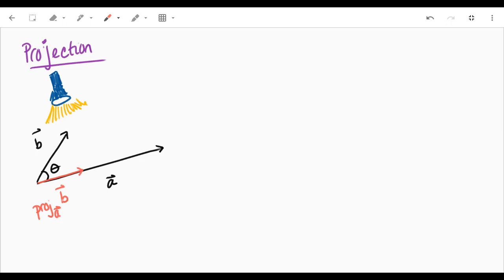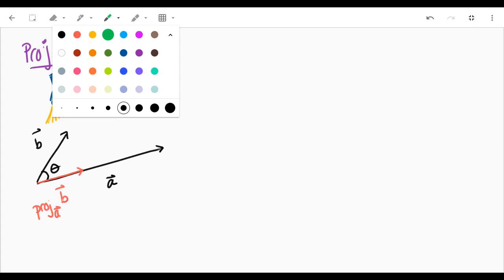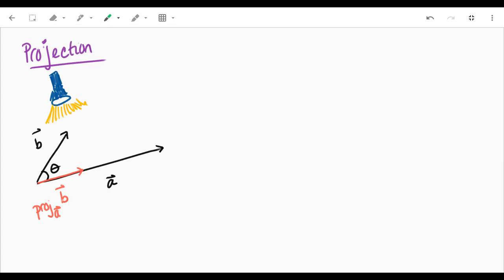I don't think they really talk about it much in your book. Okay, well, I'm going to put it out there anyway. So we can also think about then the other component that would be perpendicular to A. So we'll call that the orthogonal projection of the vector onto A, vector B onto A.